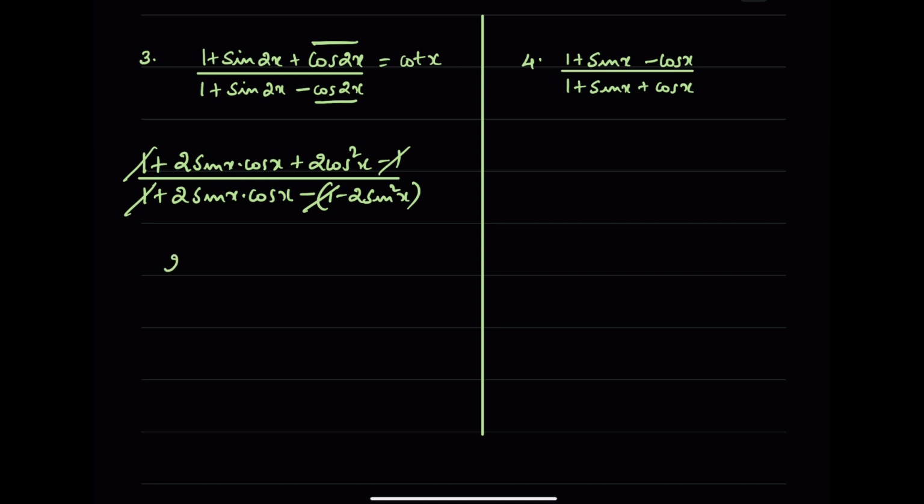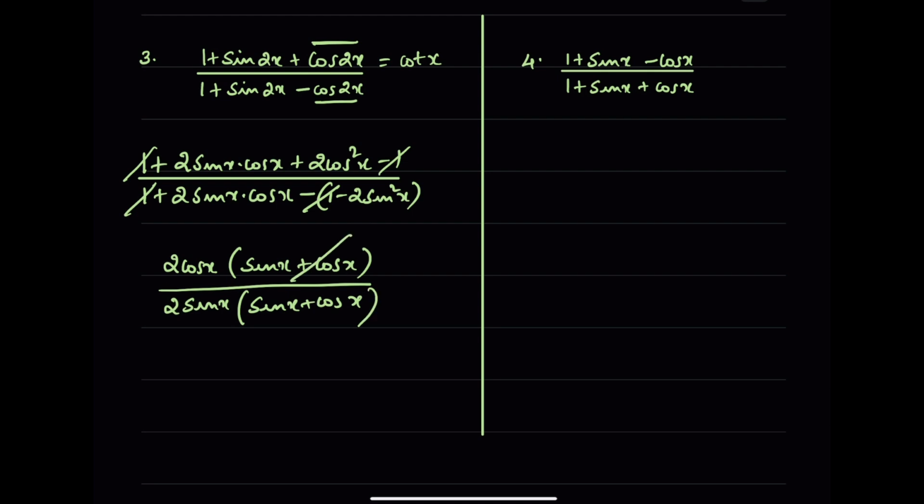So we would have 2 cos x as common in the numerator, and this will be sin x plus cos x. And in the denominator we can have 2 sin x as common again, and this will be again sin x plus cos x, because the negative of negative would change to positive. Now we can cancel this out and this will be cotangent of x.